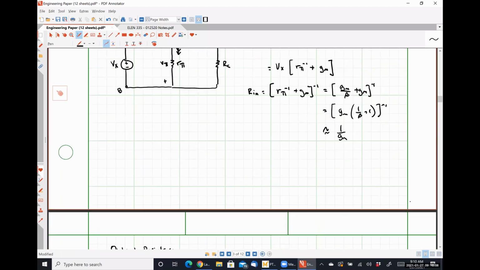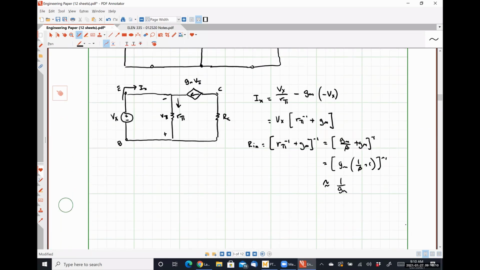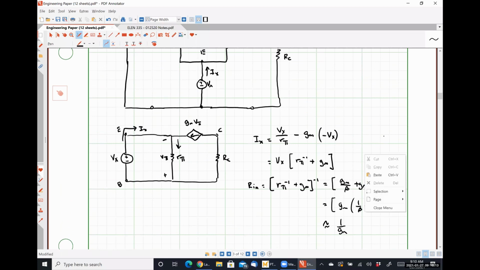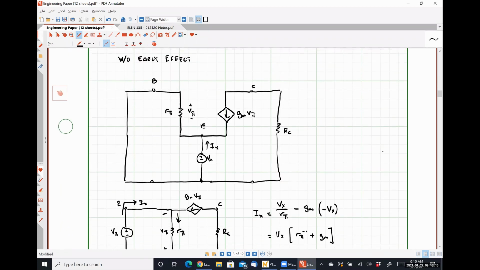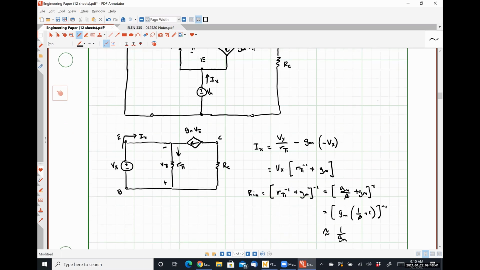What would happen if we included the early effect? We got 5 minutes and we can figure all that out pretty easily right here, right? So with the early effect included, that would place a resistor between the collector and the emitter, right?